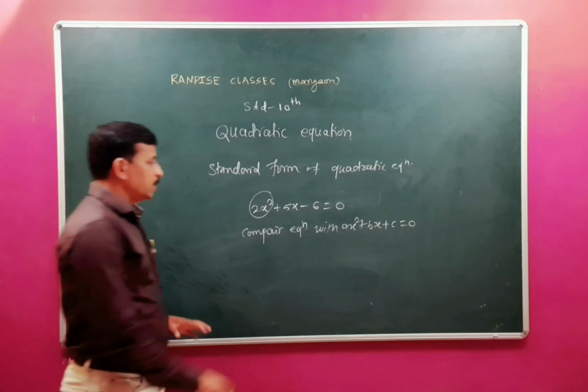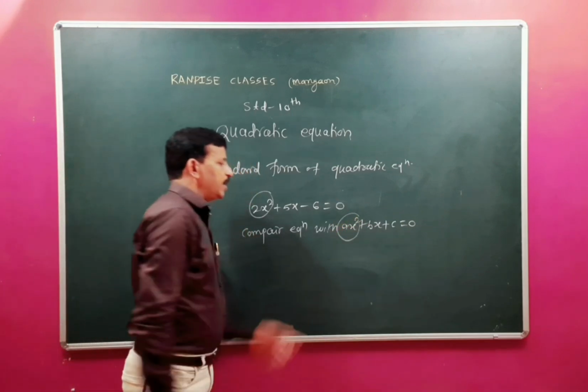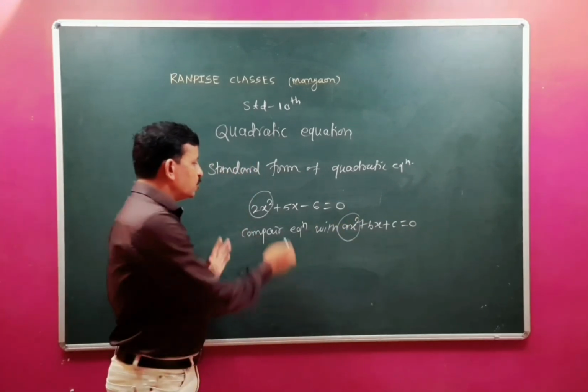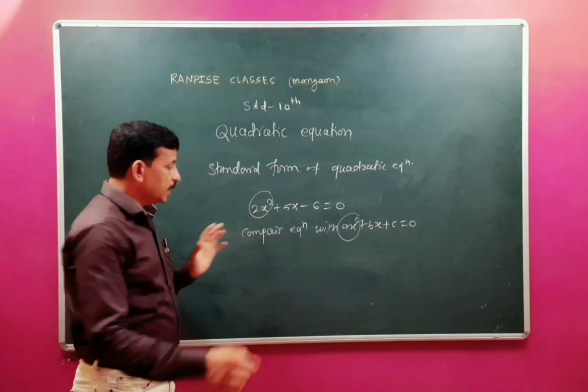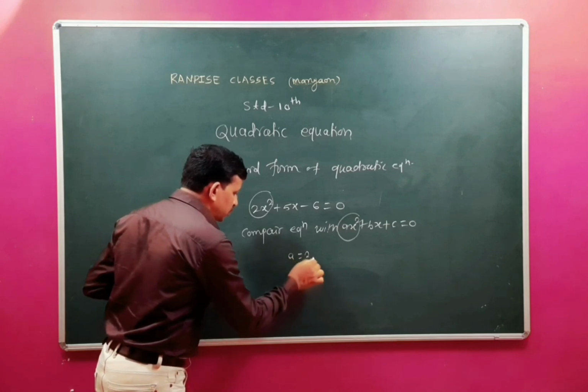Then here the coefficient of x² is a, and the coefficient of x² in the given equation is 2. Then a = 2.